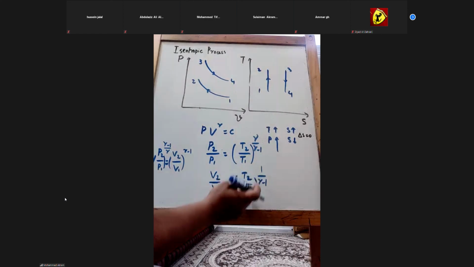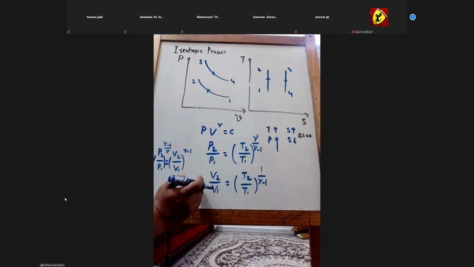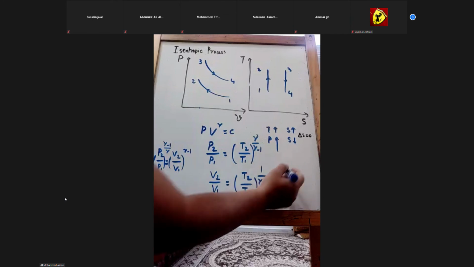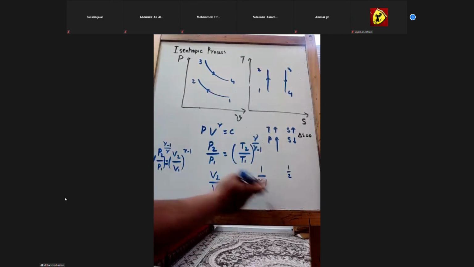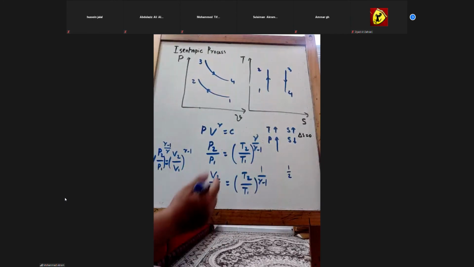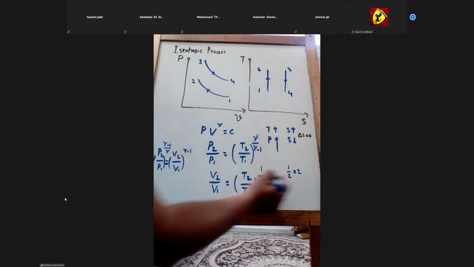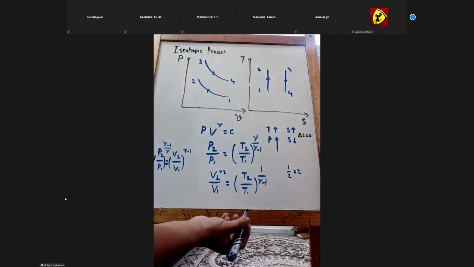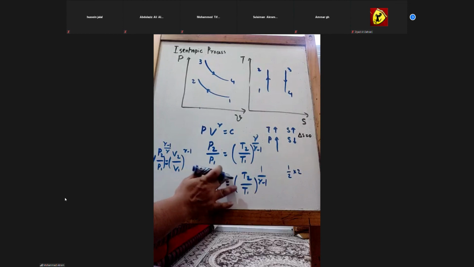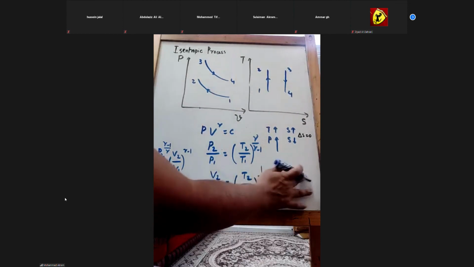If I take T2 by T1 is equal to V2 by V1 to the power. See, if the power is 1 by 2, if you take it to this side, it will become square, right? Or you can say multiply both sides by 2. Reciprocal, basically. Okay.